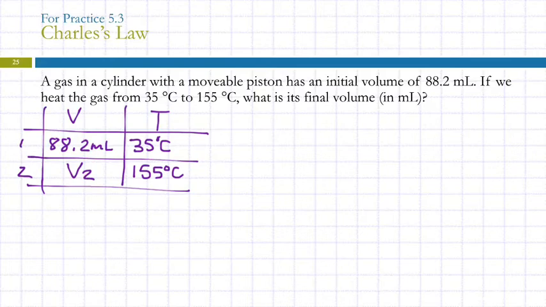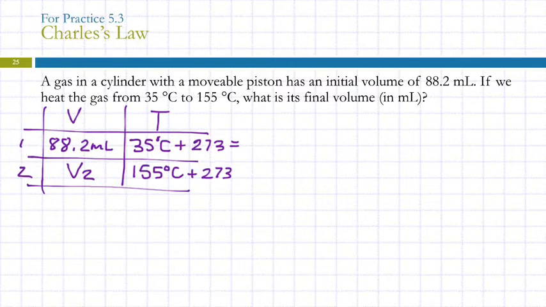What do we have to watch out for in this problem? Celsius. So when you first write these down, just convert them to Kelvin, because you're going to have to. If you do it right away, there's less chance of forgetting. So plus 273, plus 273.